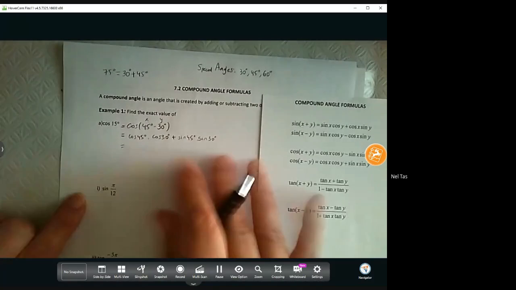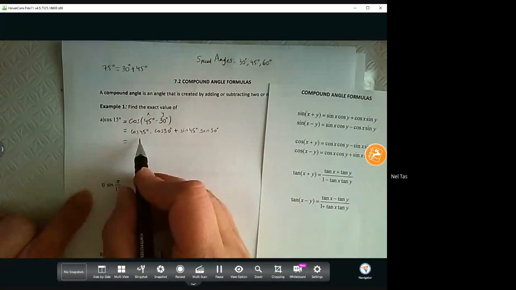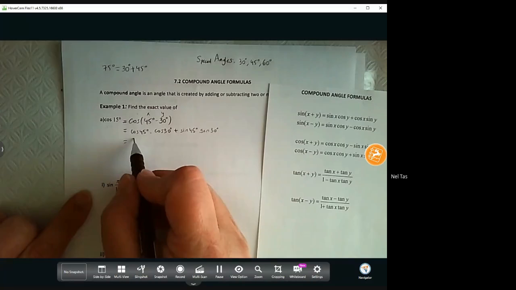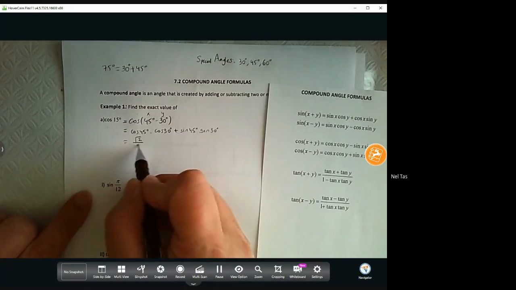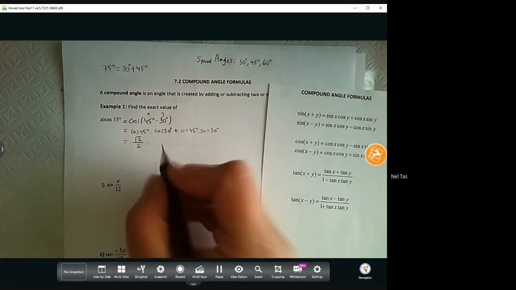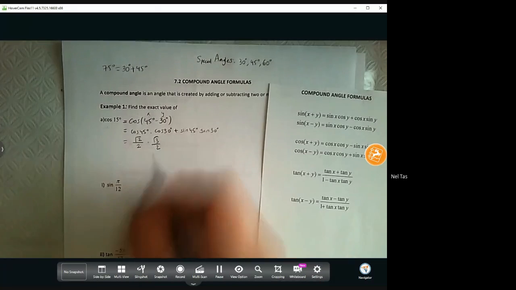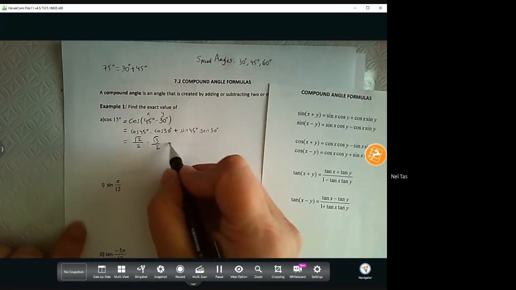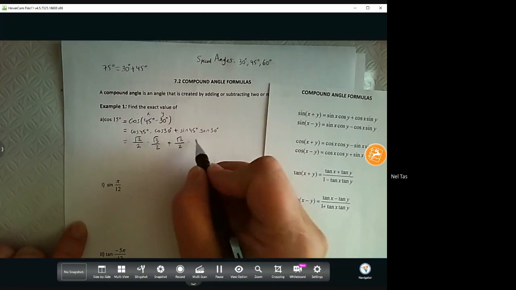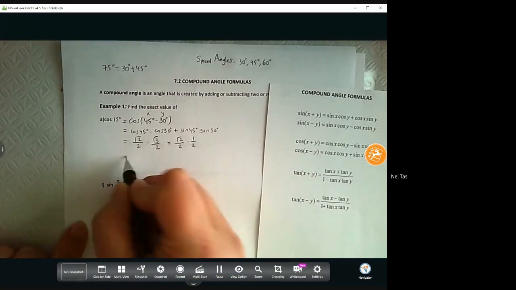Now we can calculate this. Cosine 45 is 1 over root 2, or if you rationalize the denominator, root 2 over 2. Cosine 30 is root 3 over 2. Sine 45 is root 2 over 2, and sine 30 is 1 over 2.